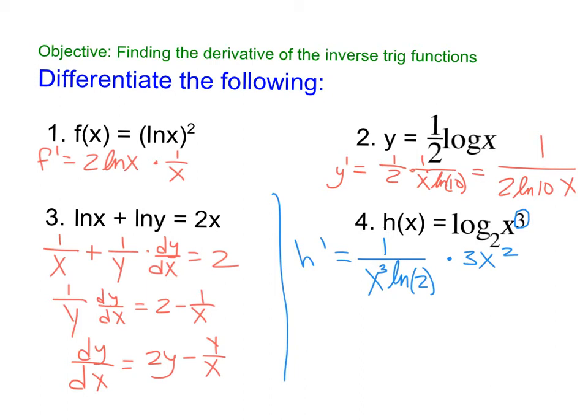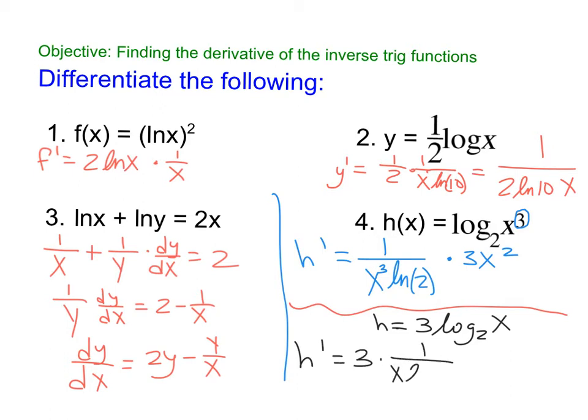So that h can also be written as 3 log base 2 of x. So h prime would be 3 times 1 over x ln of 2. And notice we can simplify. This x squared goes into x cubed, so you get 3 over x ln of 2. So you do get the same answer.